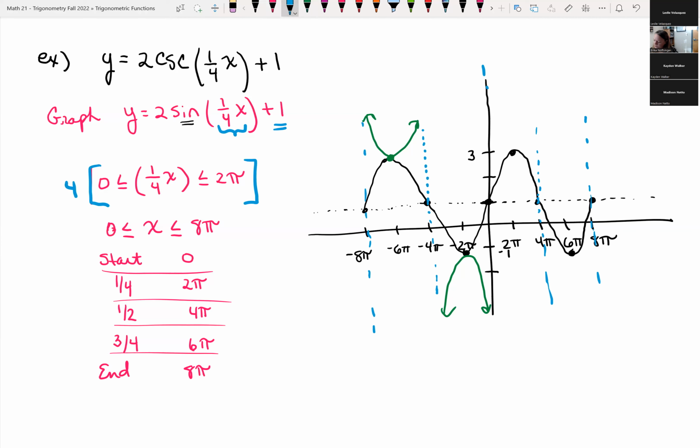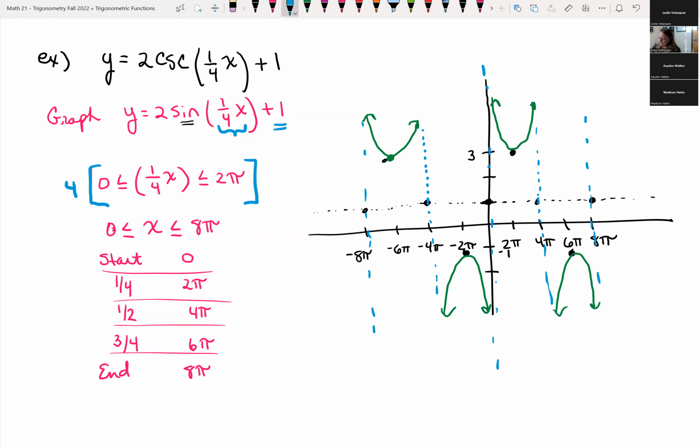And I missed one, which was the y-axis is also a vertical asymptote. So taking away our sine function, we have our cosecant function.